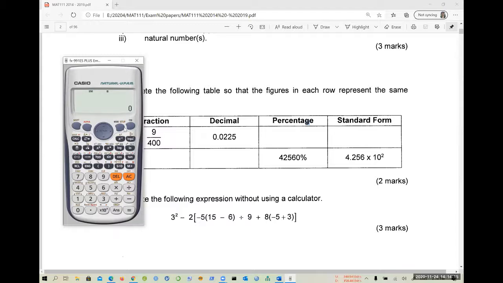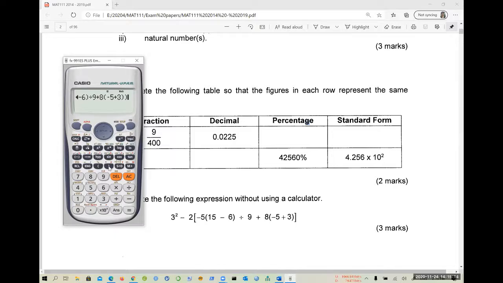So let me just change the mode first. Okay, you have 3 squared and then minus 2 multiplied with negative 5, for example, and then open bracket 15 minus 6 close bracket divided by 9 plus 8 open bracket negative 5 plus 3 close bracket, close bracket, close bracket, close bracket.